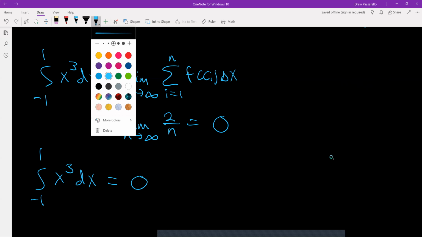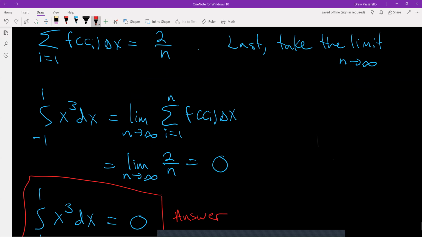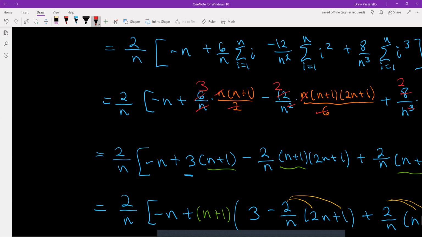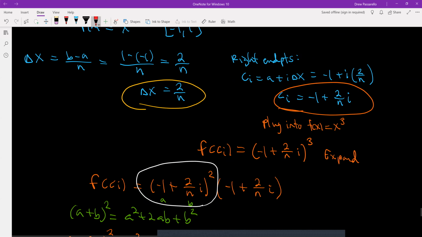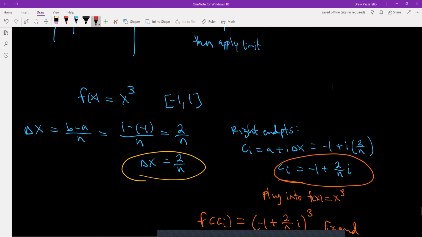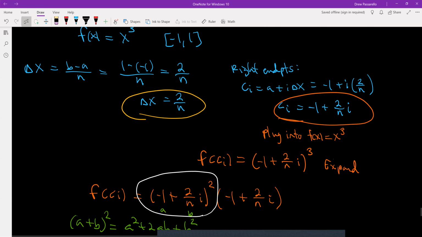All right, so that was a lot of steps, a lot of algebra to get to our result. Just to recap, I'm not going to go through every single detail, but what we did first was find delta x, which is 2 over n. Then I found the ci values like I've always been doing for these, using the right endpoints. I got the right endpoints to be negative 1 plus 2 over n times i.